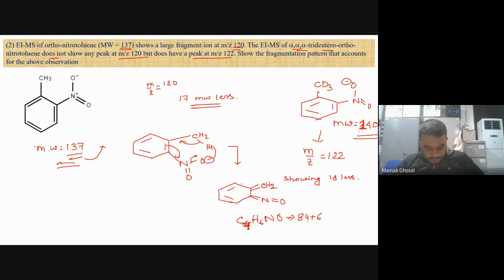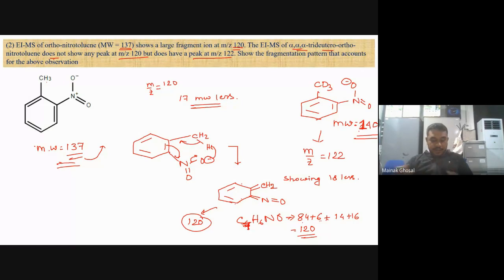Now N is 14 and O is 16. So 84, 6, 20, 90, and it is 120. You see the 120 molecular ion peak; this fragment is mostly responsible.